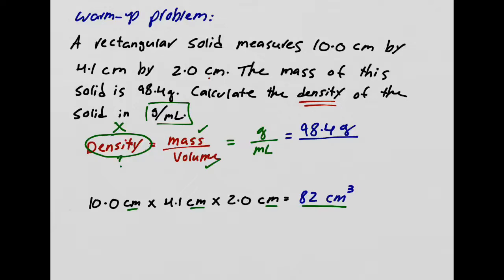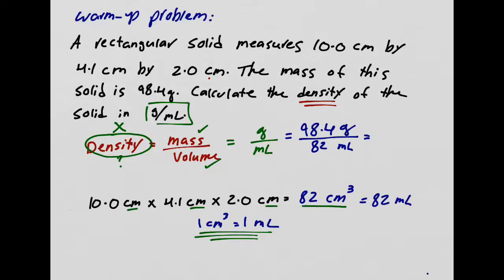And I said 1 centimeter cubed equals 1 ml. I need you to remember that 1 centimeter cubed is equal to 1 ml. Okay, so what does that mean? That means if I have 82 centimeter cubed, it's the same thing as 82 ml. That's perfect.